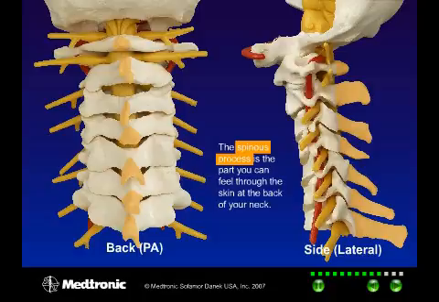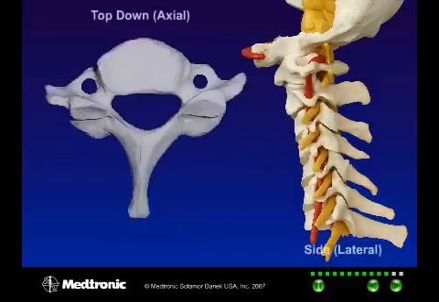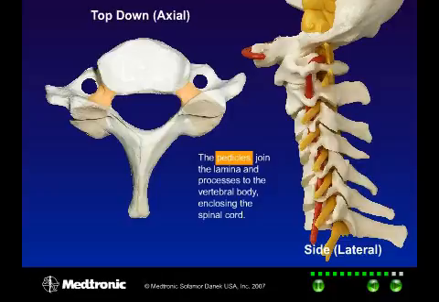The C7 has a very long spinous process that can be felt just above your shoulders. The pedicles join the lamina and processes to the vertebral body, enclosing the spinal cord.